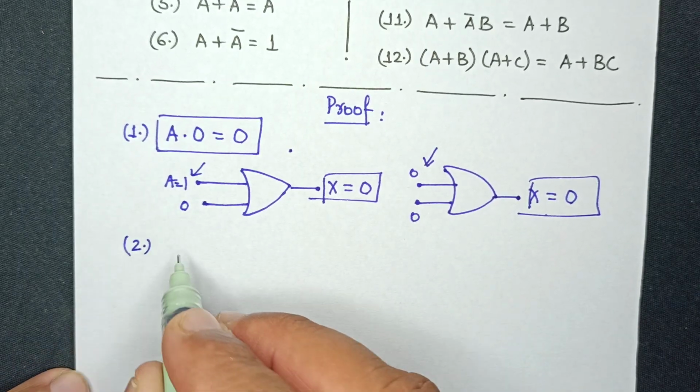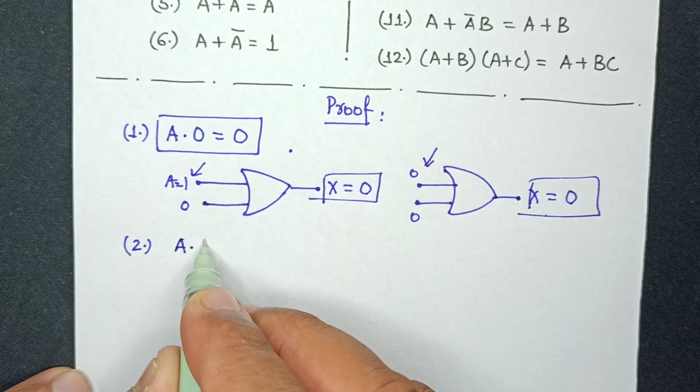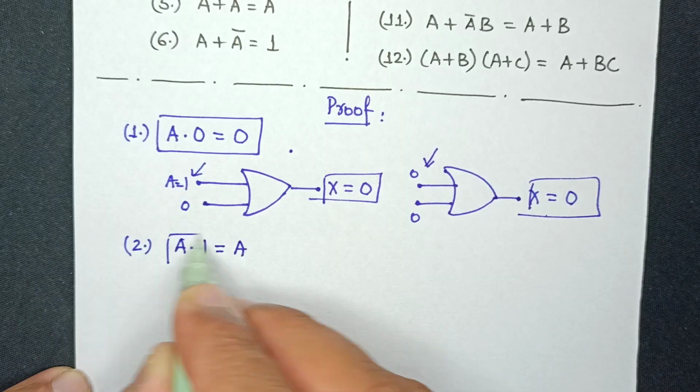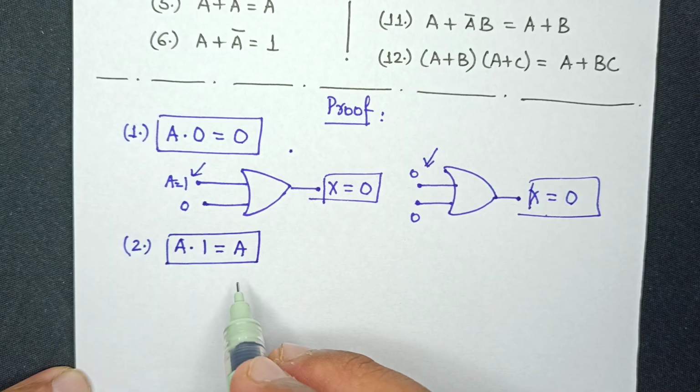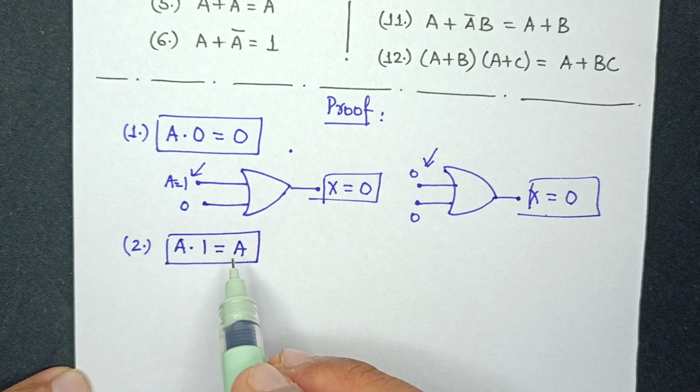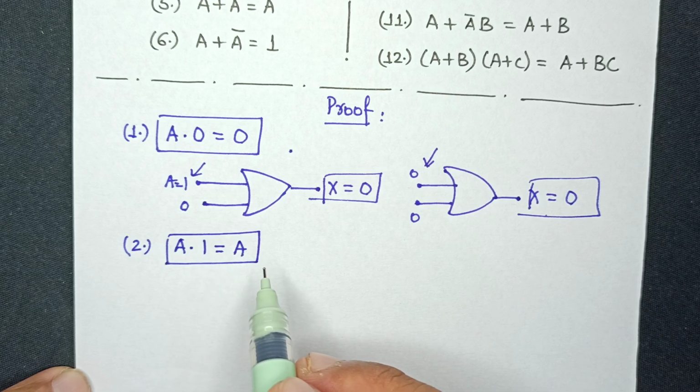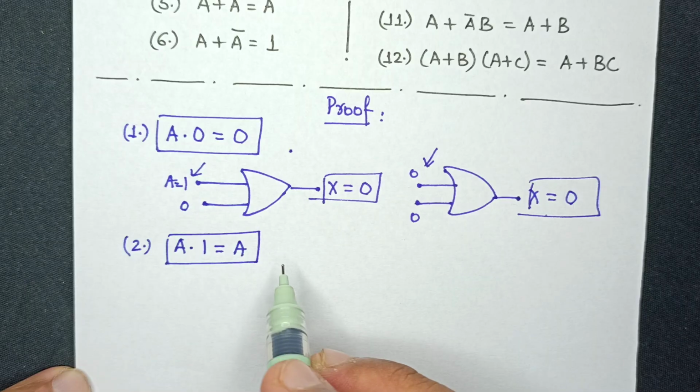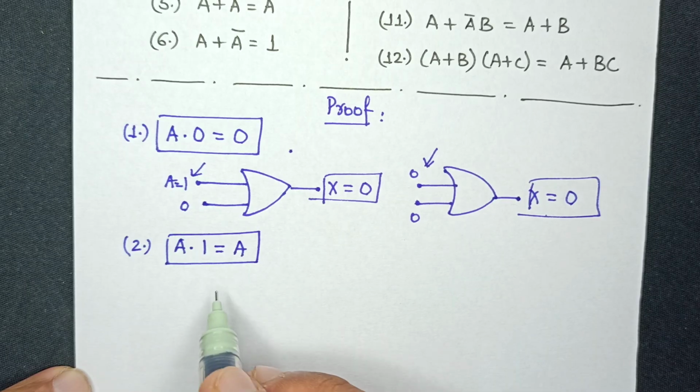Now the second rule says that the value of a dot 1 is equal to a. Technically what this means is that whenever a variable is ANDed with 1, it is always equal to the variable. If a variable is 0, the output of the AND gate is 0.